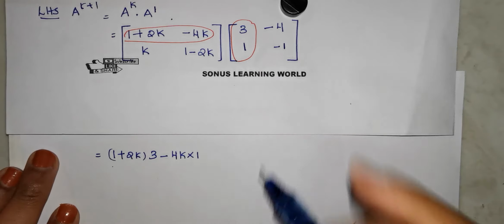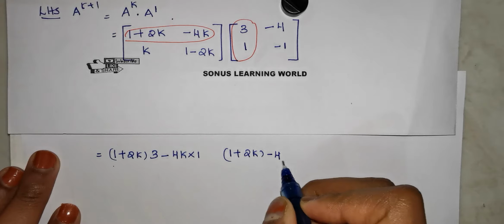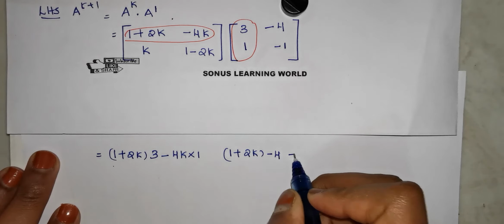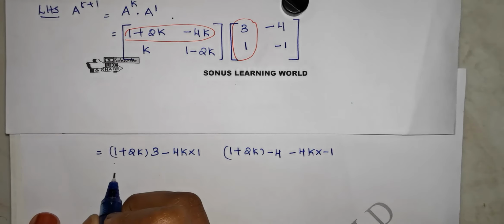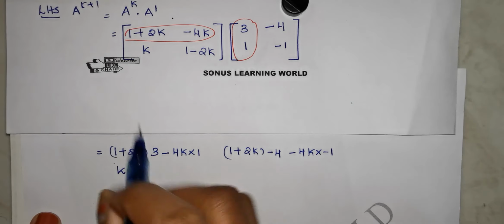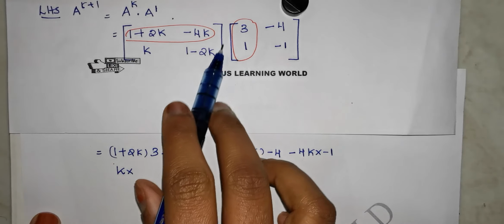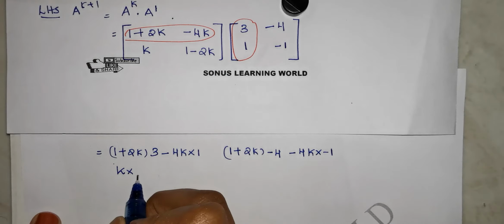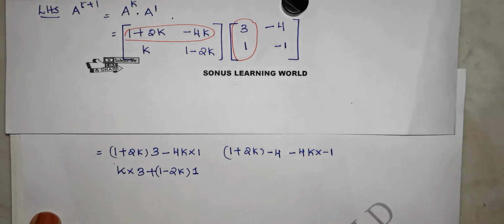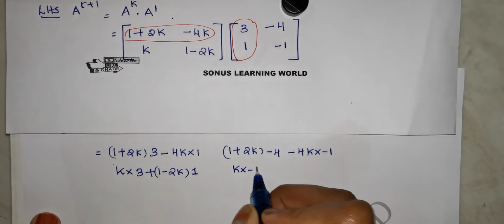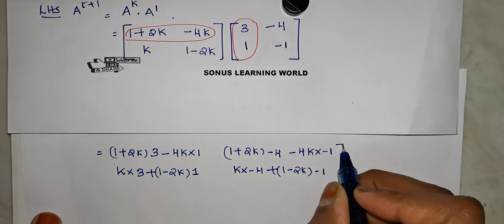Same row, second column: (1+2k) into minus 4 and minus 4k into minus 1. Next, taking this row and this column: k into 3 plus (1-2k) into 1. Next is k into minus 4 plus (1-2k) into minus 1.